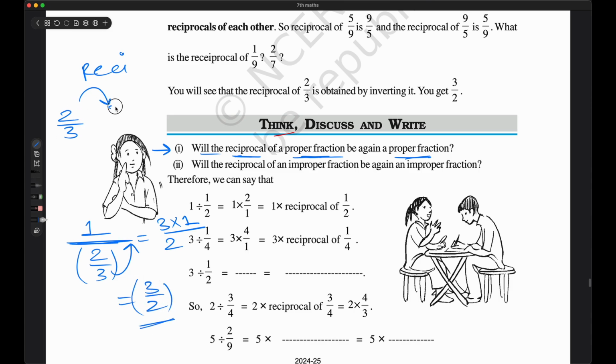So the reciprocal of 2 by 3 is 3 by 2. So 3 by 2 is an improper fraction. So we can say that the reciprocal of a proper fraction will never be a proper fraction again.